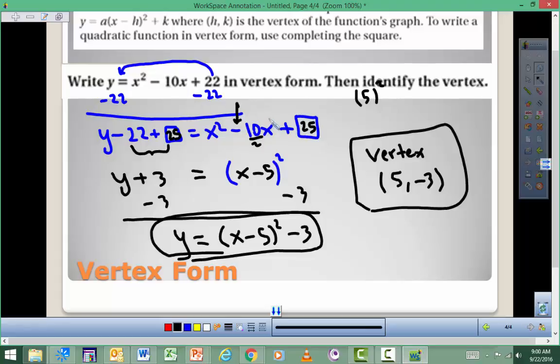So in this problem, we changed this from standard form. That's standard form. And we wrote it in vertex form, which is what we got right there. And again, we then were able to find the vertex quickly.